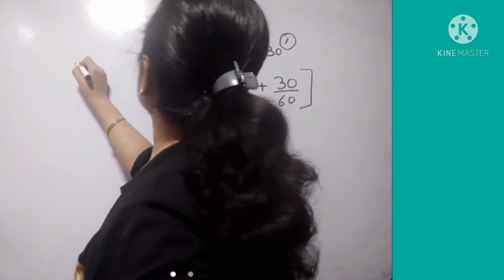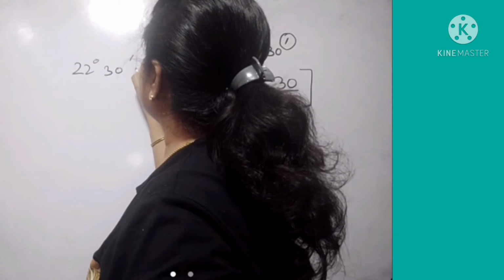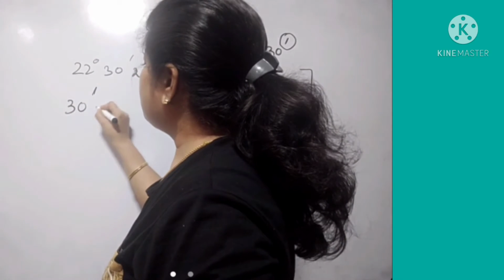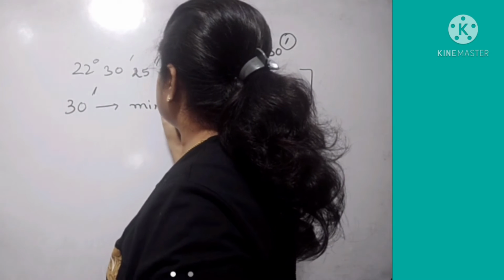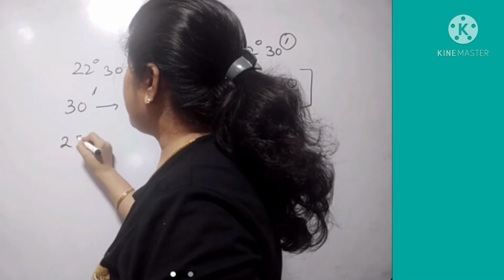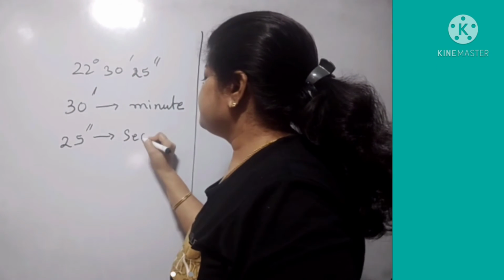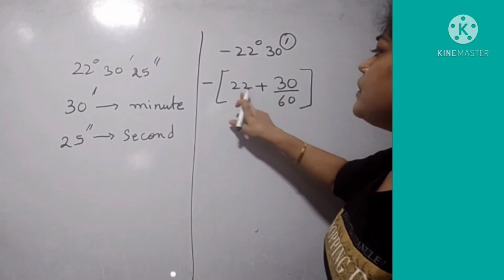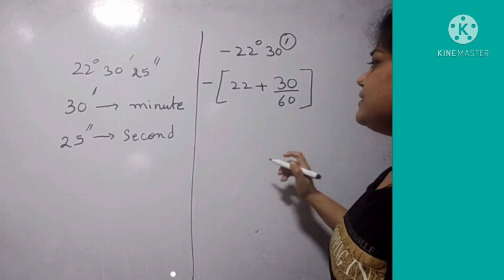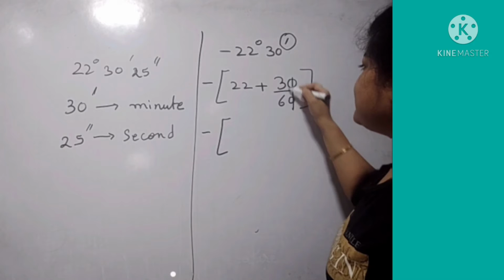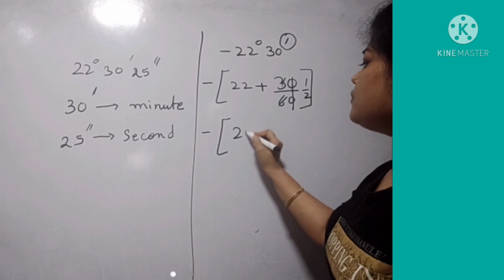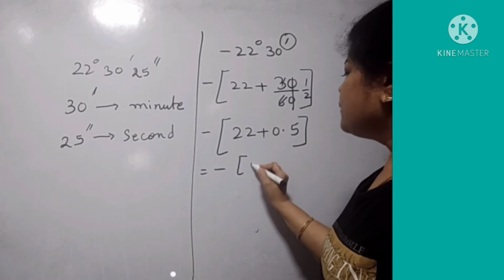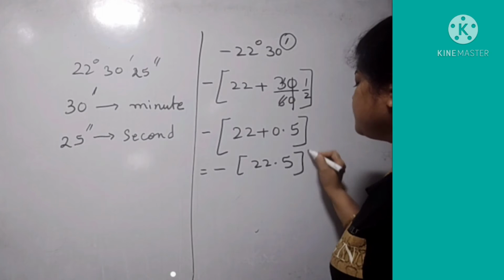For example, we have 22 degree, 30 minute and 25 double arrow, which means second. Now we have 30 minutes, so to convert it into degree, we divide it by 60. It gets cancelled, 1 by 2, which is 22 plus 0.5. It becomes minus 22.5 degree.